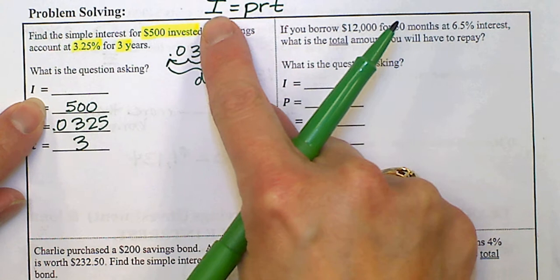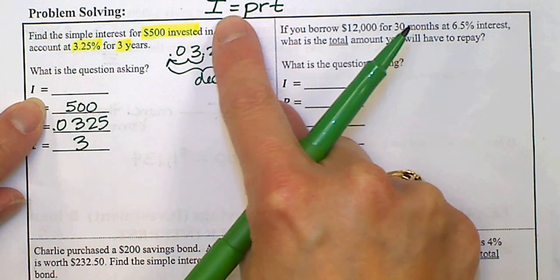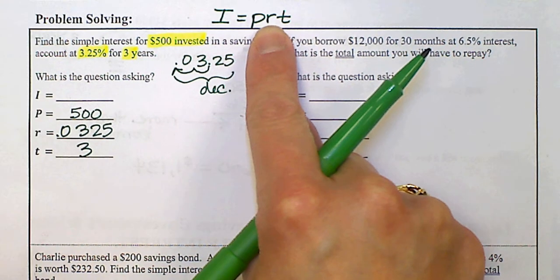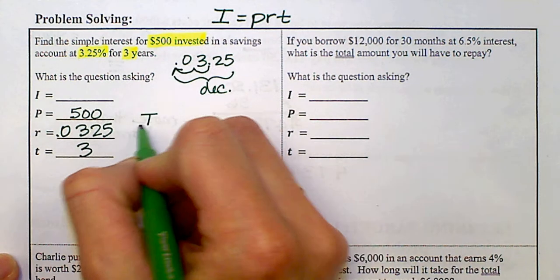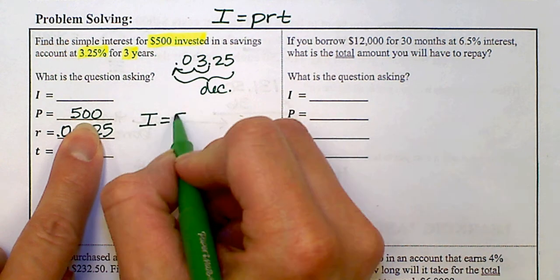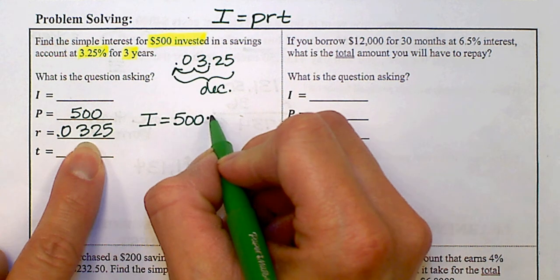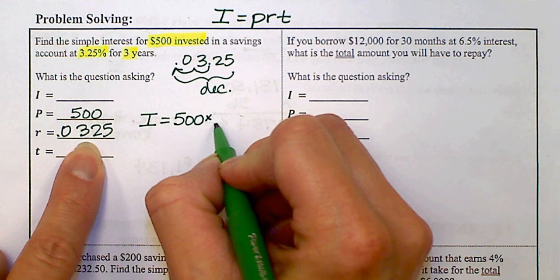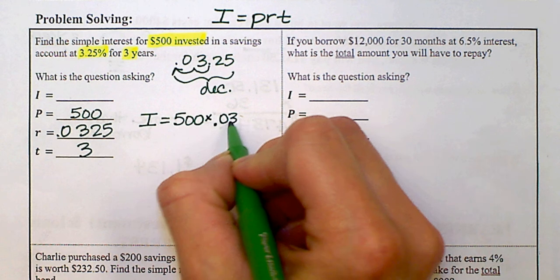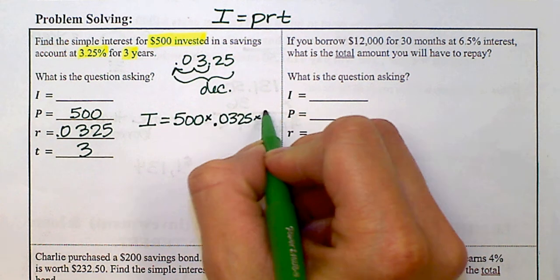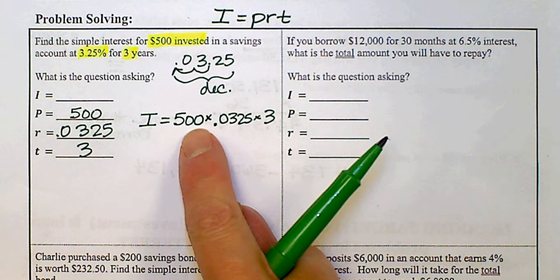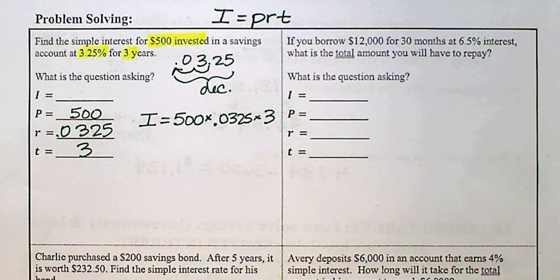So we're going to take what we know and plug it into our simple interest formula. So we don't know I, we know my P, which is 500, times, and actually I'm going to use a little x because I'm going to put a decimal here, 0.0325 times 3. So now we're just going to type all of that into our calculator.